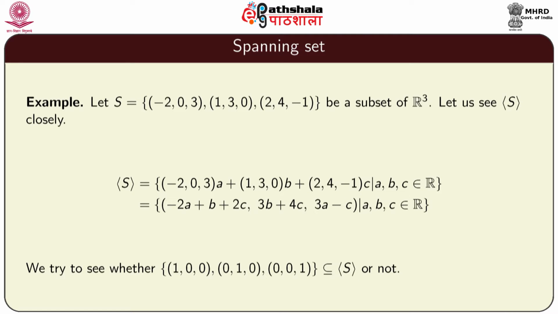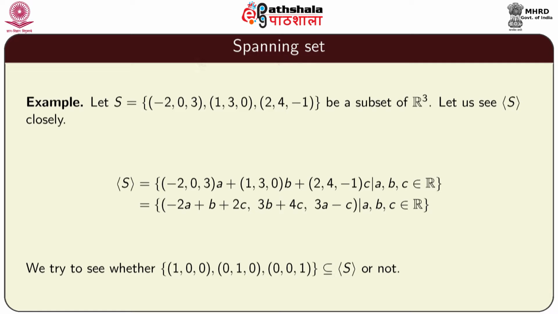Let us understand the spanning set and the span through an example. Consider the vector space R3 over the field of real numbers and the set S, which consists of these three vectors, namely (-2, 0, 3), (1, 3, 0) and (2, 4, -1). Let us first see what span of S is.